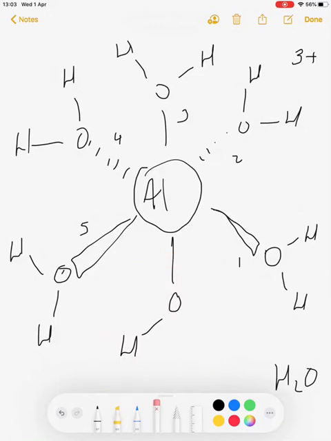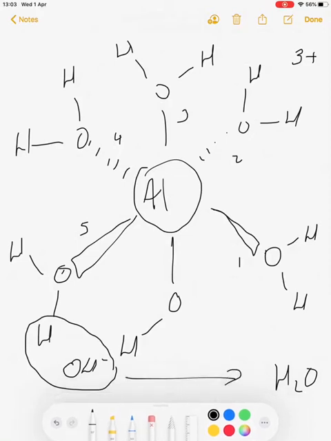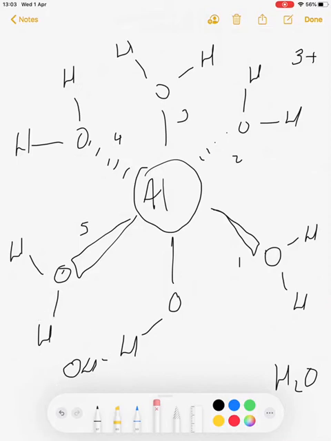When we get to that stage, if I continue to add hydroxide ions, it then takes a hydrogen ion from one of the other waters. So that forms water, so that would be another water. Let me just rub that out. Okay.